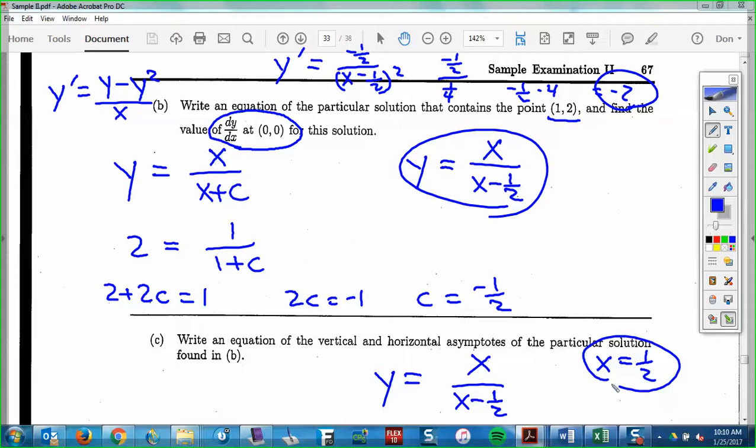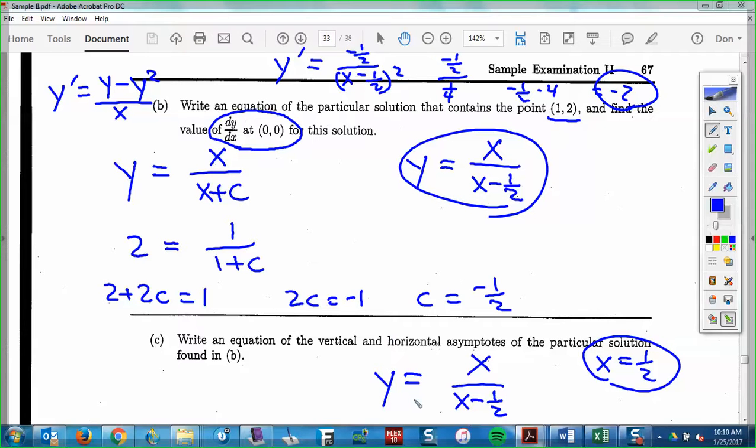Okay? How do we do horizontal asymptotes? You can probably look at the slope field, but let's pretend we don't have that. They're y equals, right? But they're at infinity. Their horizontal asymptotes are what is happening as x approaches infinity or negative infinity. They're limit problems. What is this going to do as x gets really big?